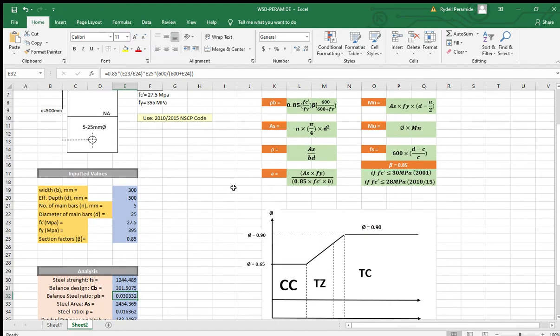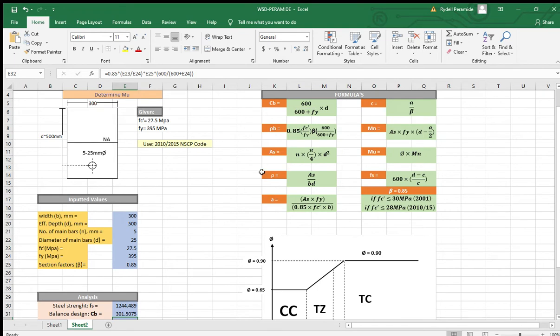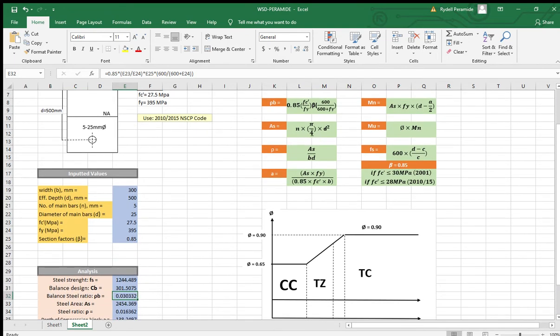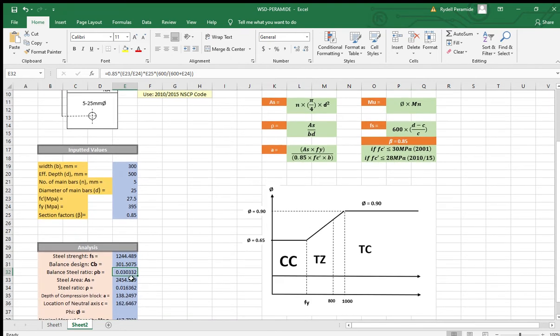The formula is the number of main bars times pi over 4 times the diameter of the main bar 35 squared. So we'll get the answer of 2454.369.